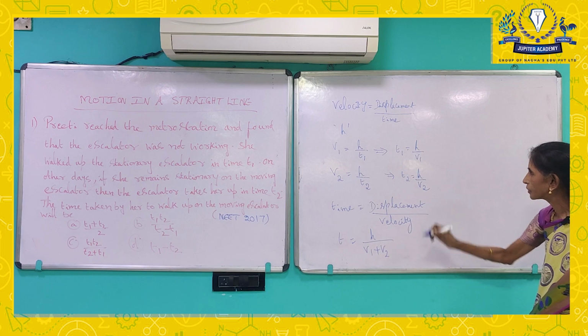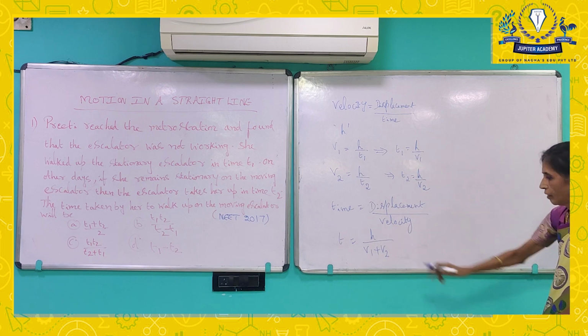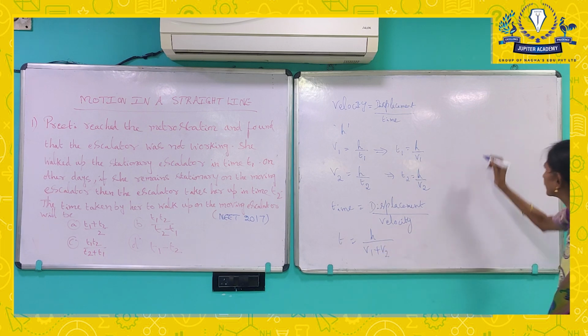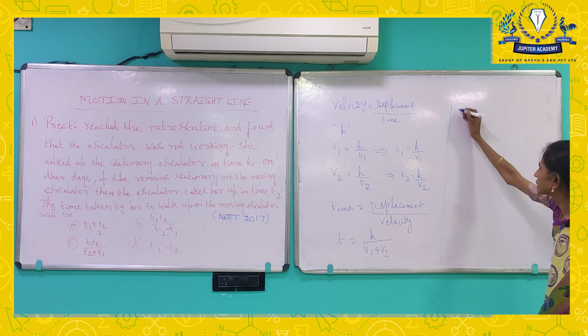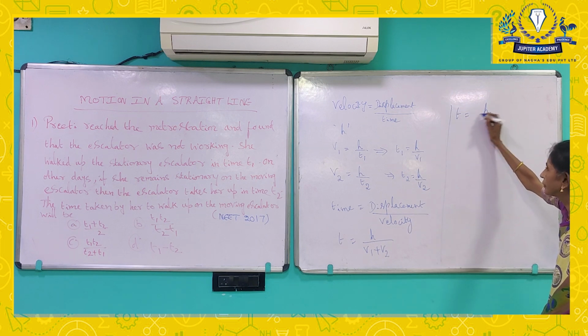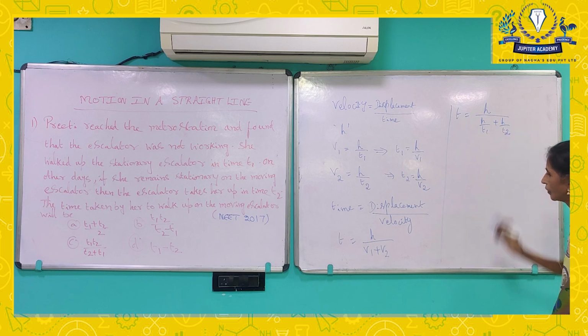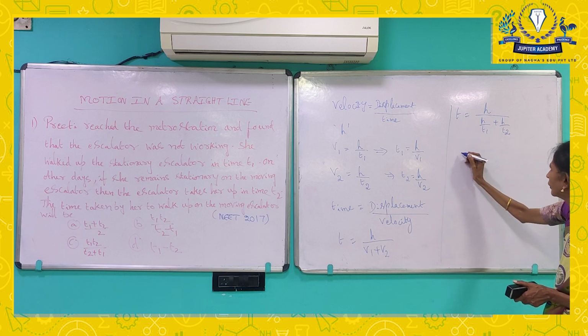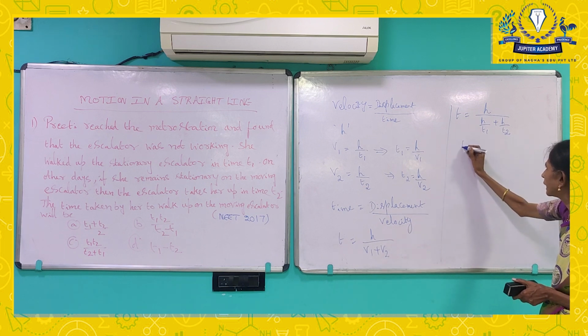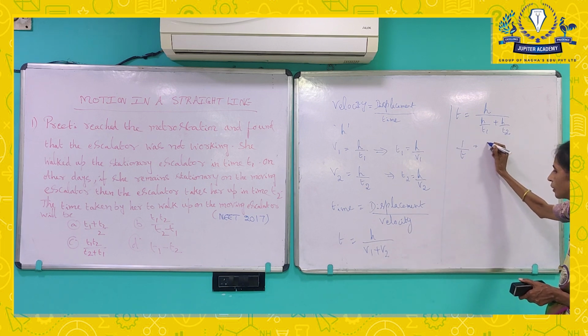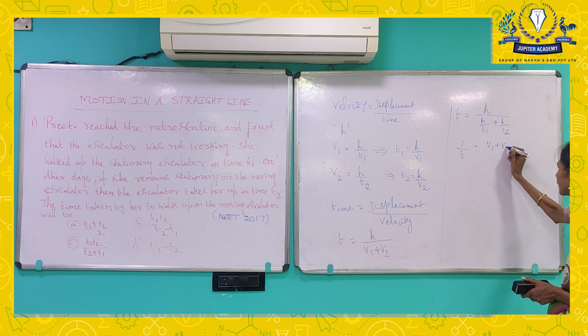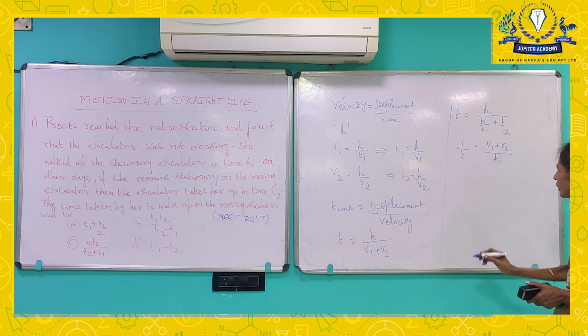Now we can substitute for v1 and v2, so the next step will be t is equal to h divided by v1, which is h by t1, and v2, which is h by t2. Or we can do it in another way: just take 1 by t from this formula, 1 by t equal to v1 plus v2 divided by h.